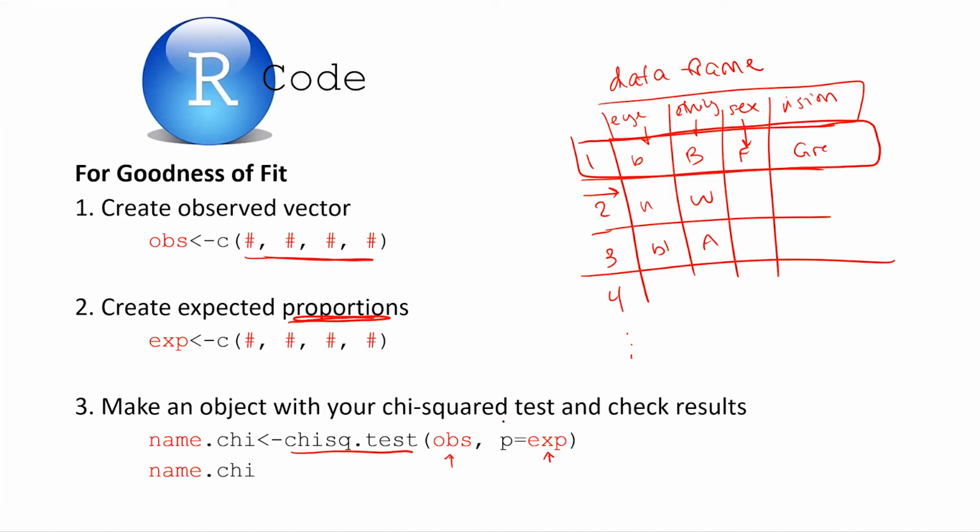We have to use this argument where it's p equals, and this p just means probability or proportion. We're saying, hey, R, do a chi-square test, compare our observed frequency to this expected proportion. Our probability or proportion equals this.